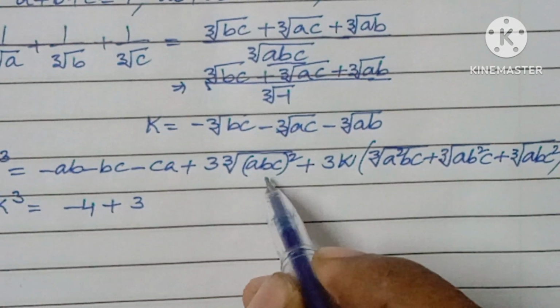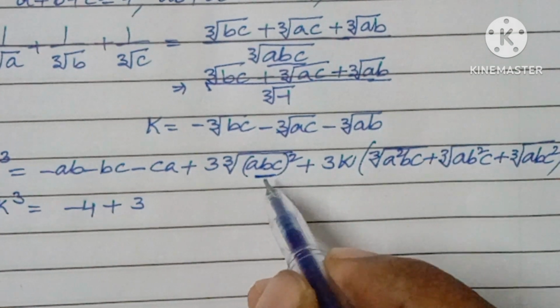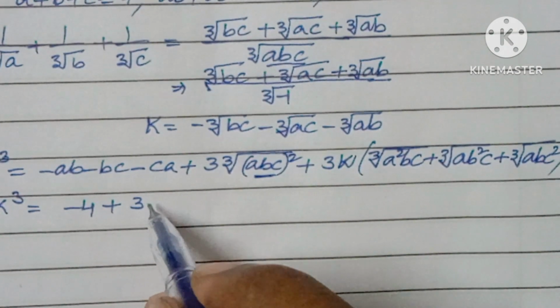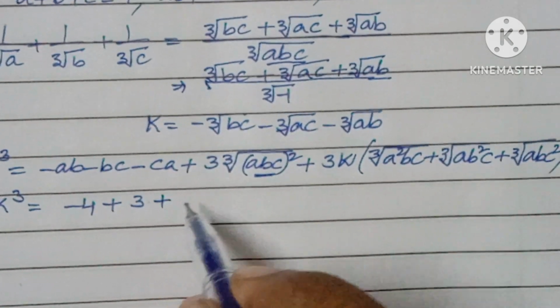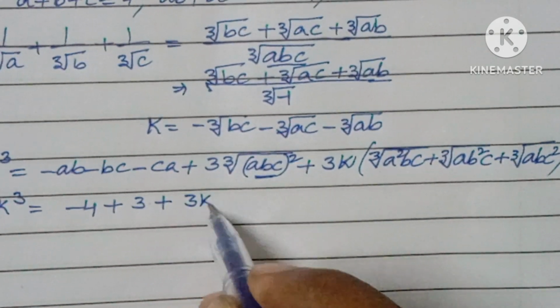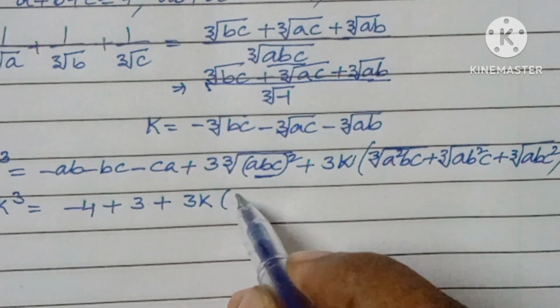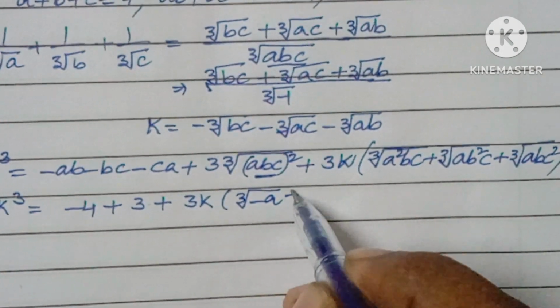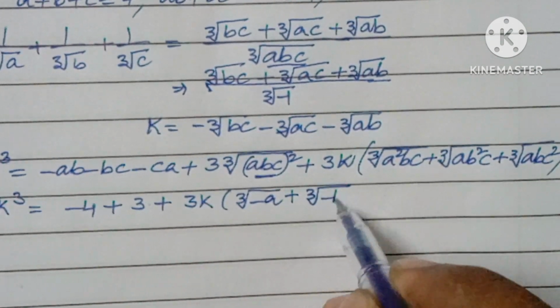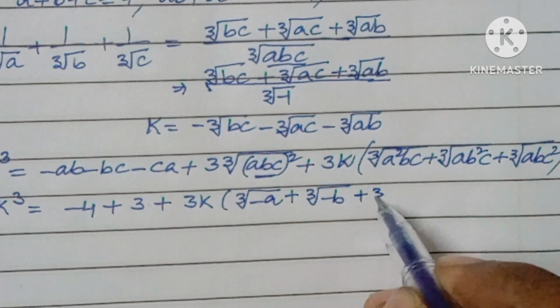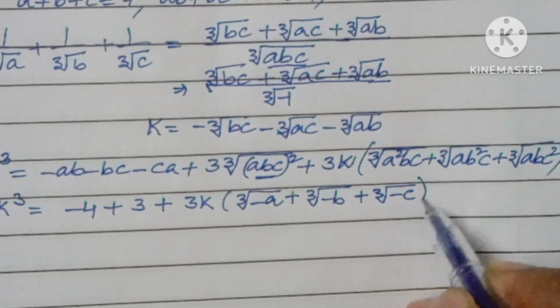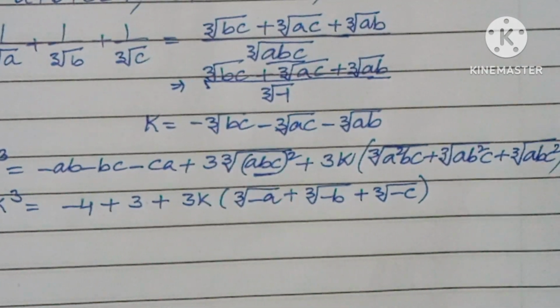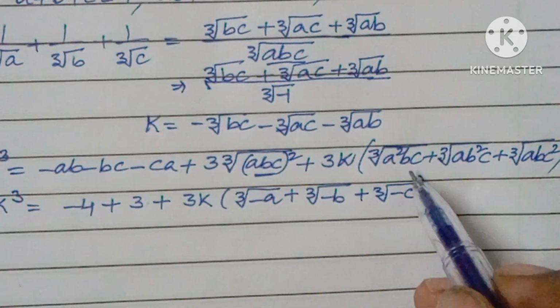Here you'll get minus 1, so you can get only 3, plus 3K into cube root of minus A plus cube root of minus B plus cube root of minus C. So here A times ABC is minus 1.